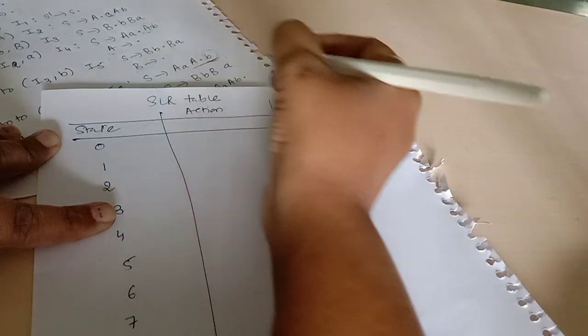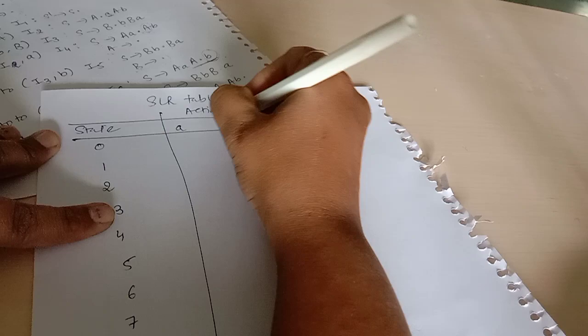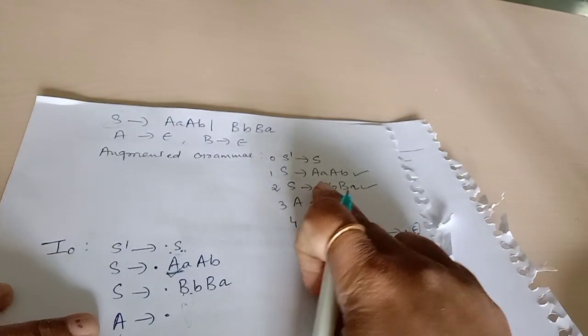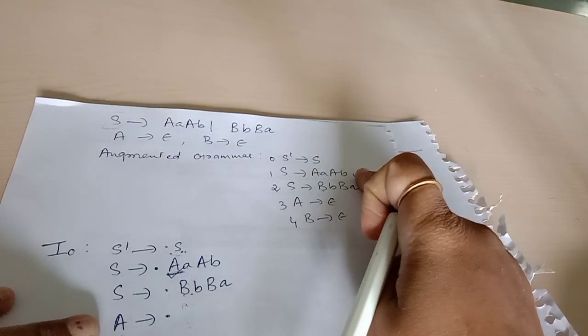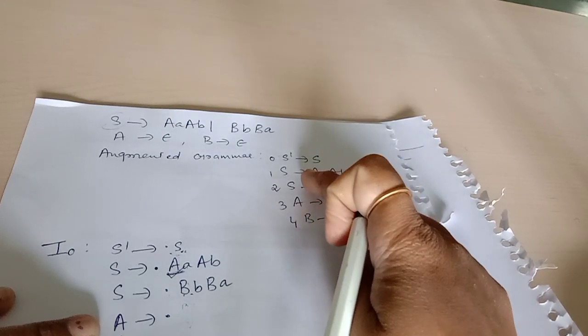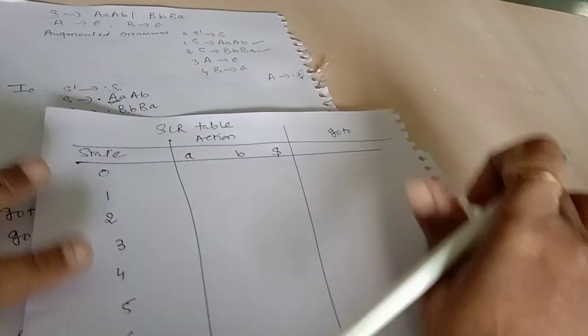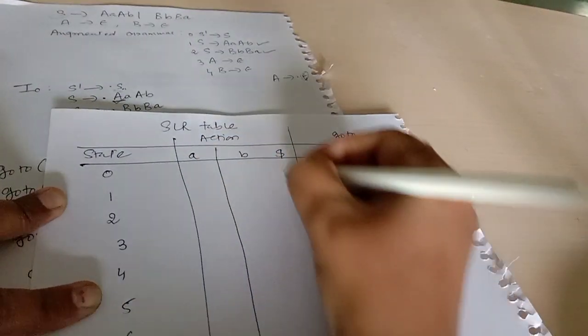Okay, so how many terminal symbols do we have here? A, B and dollar. In this grammar, we have only two terminals, small a and small b. The non-terminals we are having are S, A and B. Dollar we include because dollar is an end marker, we know.